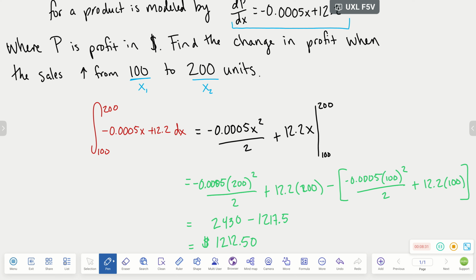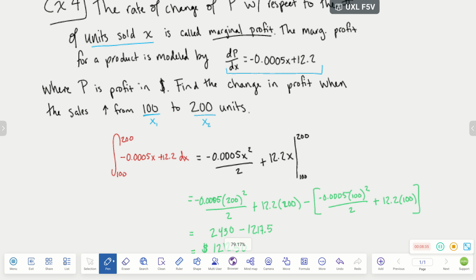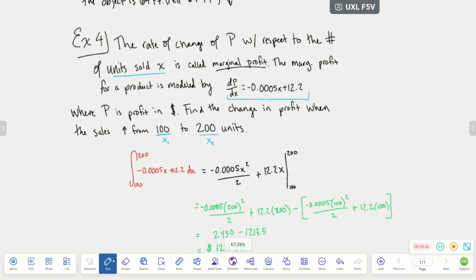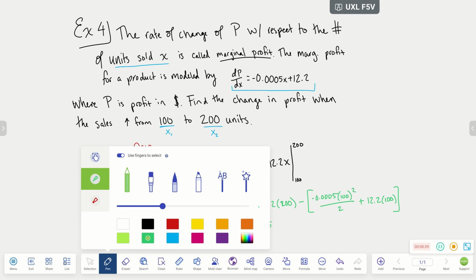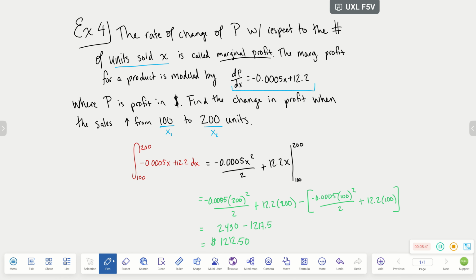So when you're given the rate of change of the profit, the nice thing about this problem that I like is that it tells you the rate of change of P with respect to the number of units x, and then it gives you the notation dP/dx. But when we did related rates, it might not have given you that notation.